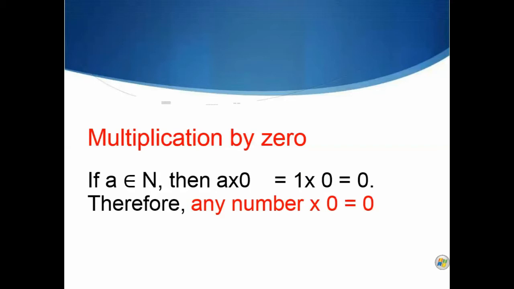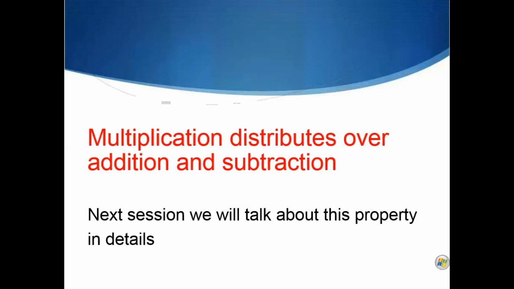Therefore, any number multiply 0 equals 0. We have another property for multiplication, more than the addition, which is called multiplication distributes over addition and subtraction. Next session, we will talk about this property in detail.